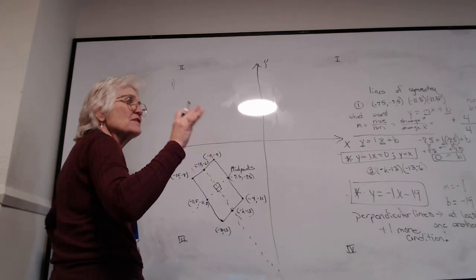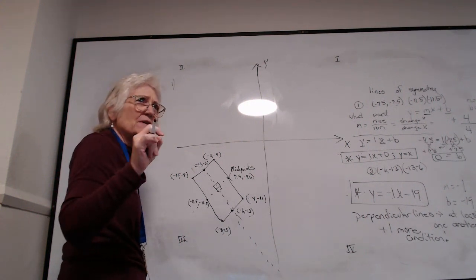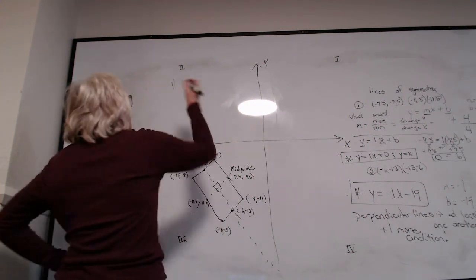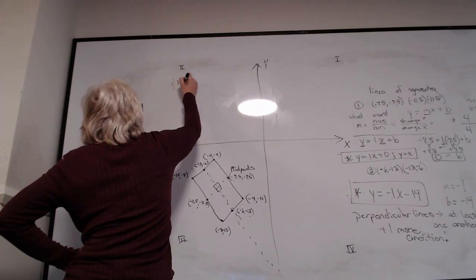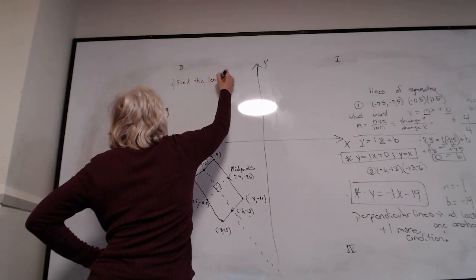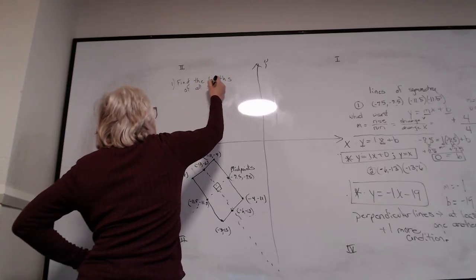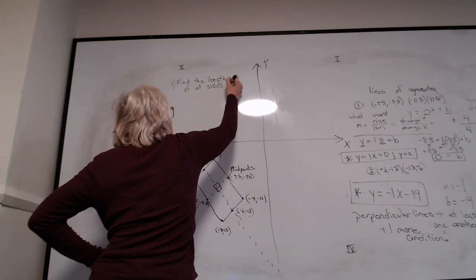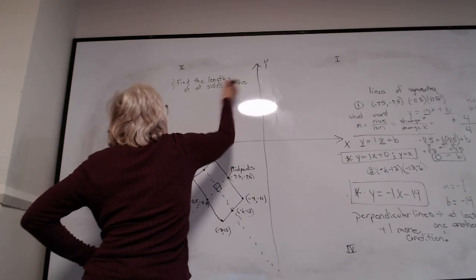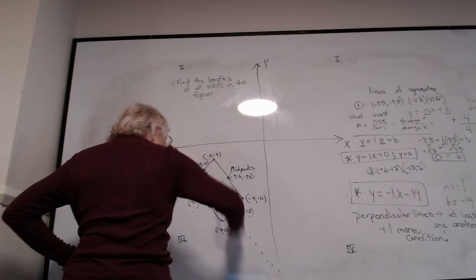I think we found the lengths in the triangle. Is that correct, or did we find all the lengths? Anyway, I'll just put find the lengths of all sides in the figure. Okay, so you're going to work on just the triangle first.